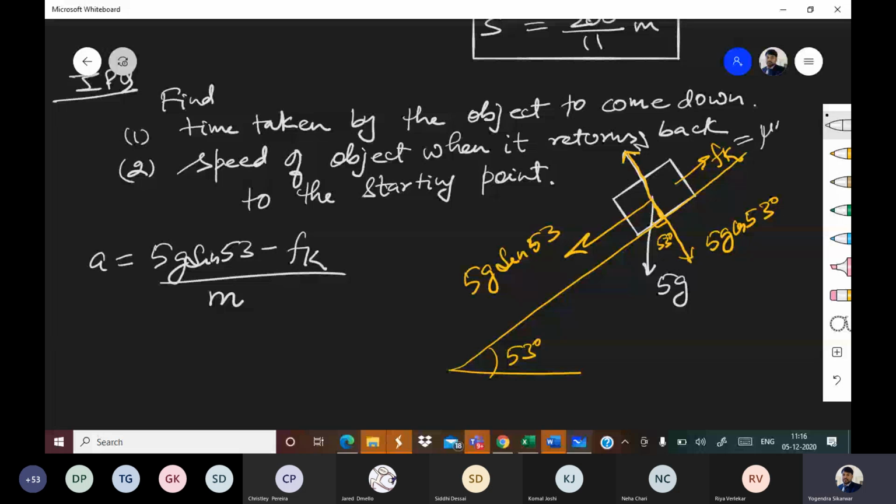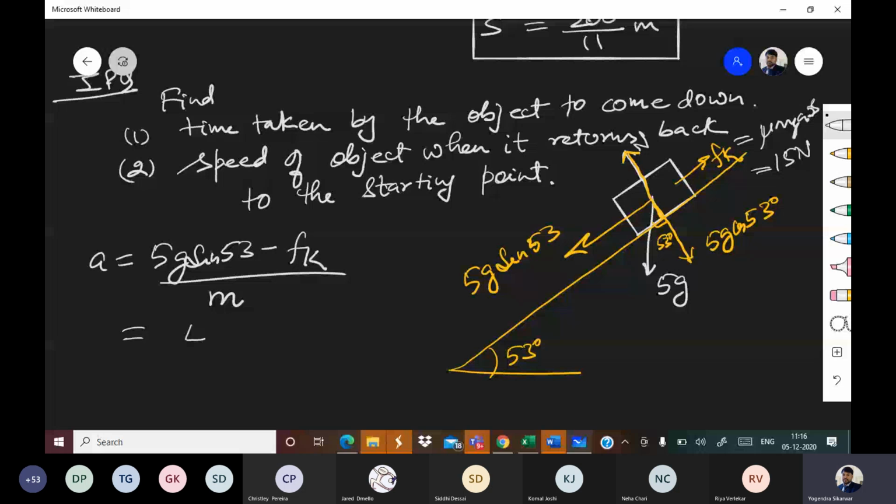It will be mu mg cos 53, and that will be basically 15 Newton, which was in the previous case also. The only thing is this time direction of friction is reversed. So that comes out to be 40 minus 15 upon 5. So A comes out to be 5 meters per second square.